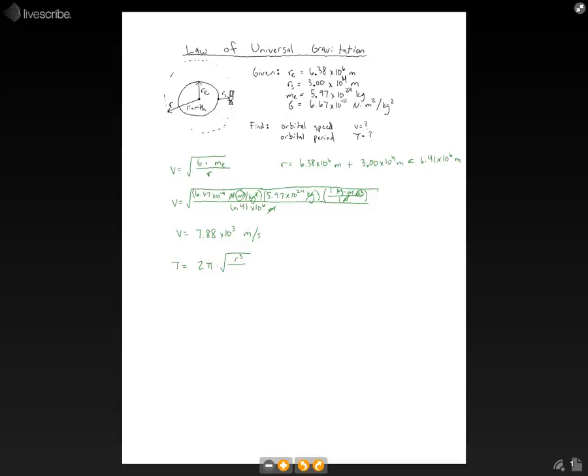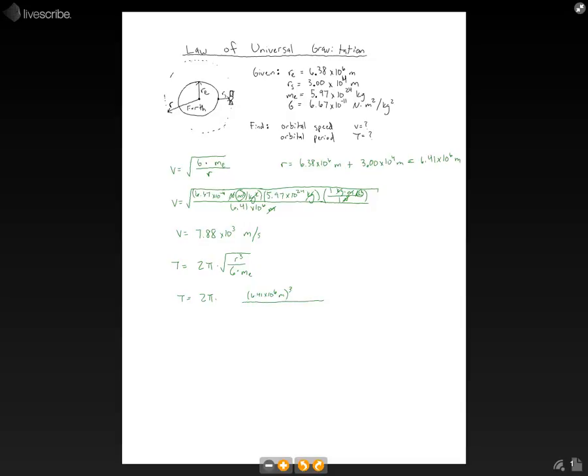the square root of r cubed, so the radius cubed, over the universal gravitational constant multiplied by the mass of the Earth. So now we have all these numbers, so we're just going to have to plug and chug from here. So we have T is equal to 2 pi multiplied by, and now inside of our square root we have the radius cubed, so 6.41 times 10 to the 6th meters, that's cubed.